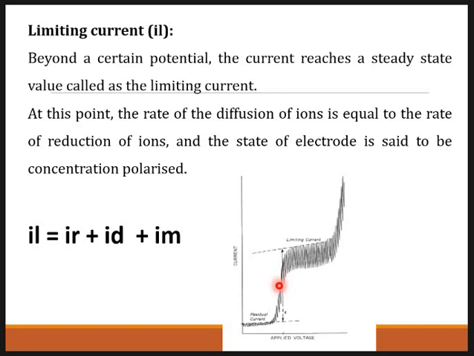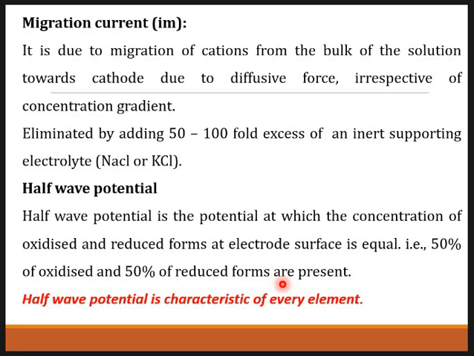This point is called the half-wave potential, the center of the sigmoid curve, at which 50% of the oxidizable species and 50% of the reduced form are present. This half-wave potential is characteristic of every element. It may not be the same for all elements; it is entirely based on the particular element. So from the half-wave potential, one can identify the nature of the element present in the solution.